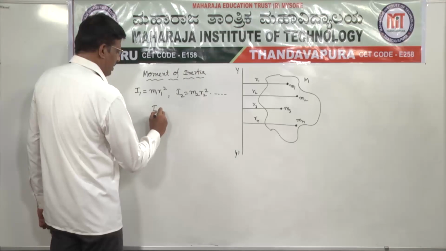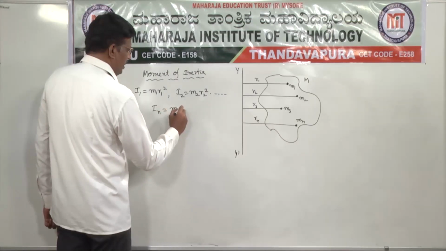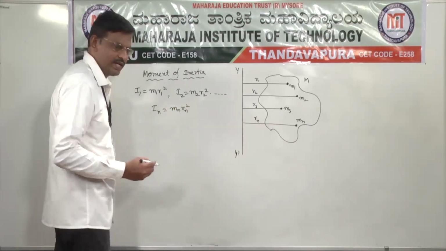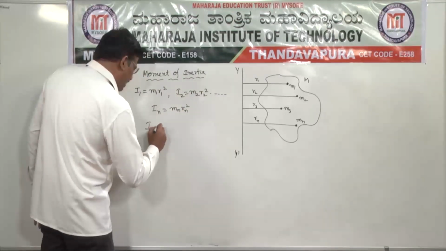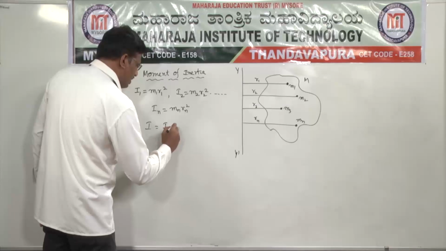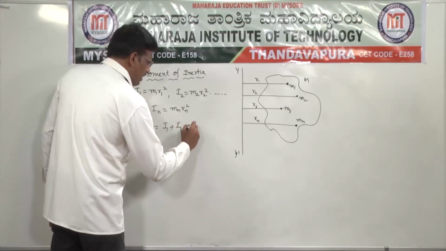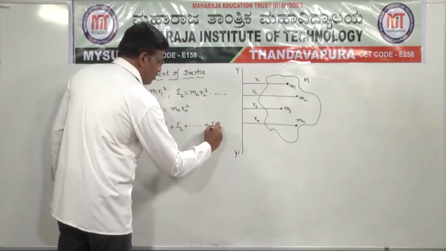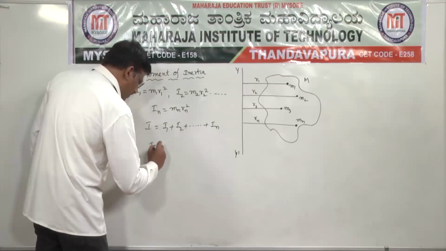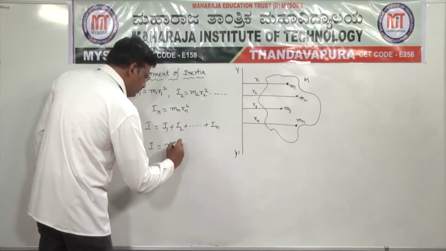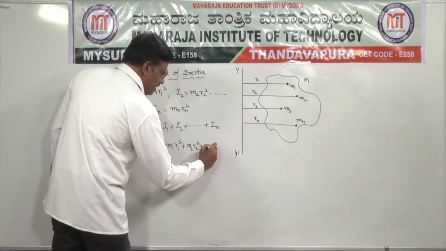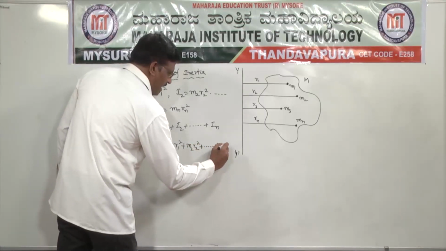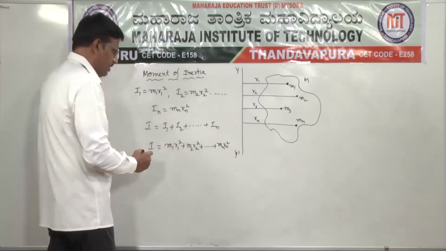For the nth particle, In is equal to mn into rn square. For the complete rigid body, the moment of inertia I is equal to I1 plus I2 plus I3 and so on plus In, or I is equal to m1 r1 square plus m2 r2 square and so on plus mn rn square.